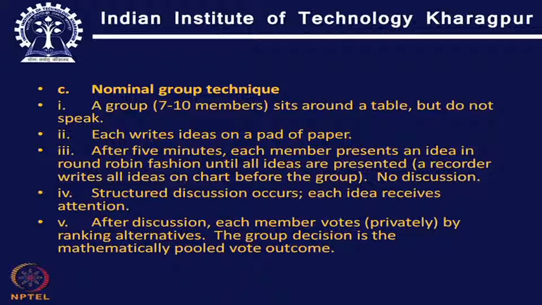As interpersonal communication is restricted during the decision making process, each member works independently and gives feedback independently. Each member produces his or her ideas to the group, and no discussion takes place until all the ideas have been presented and recorded.